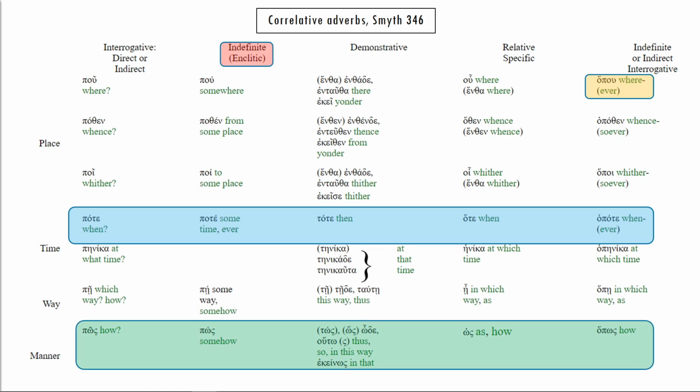And then finally, the how words are very, very common. We've already seen hos meaning as or how. You can take the demonstrative and make it adverbial to say the same thing, thus or how. Pos without the accent, somehow. Pos with the accent, how.